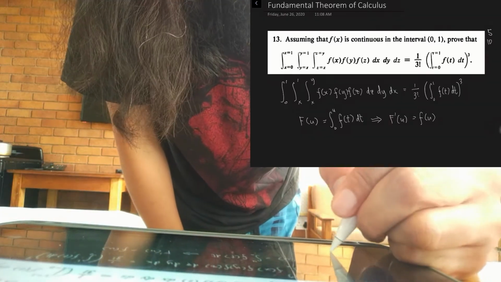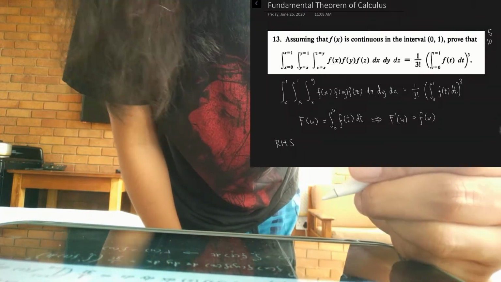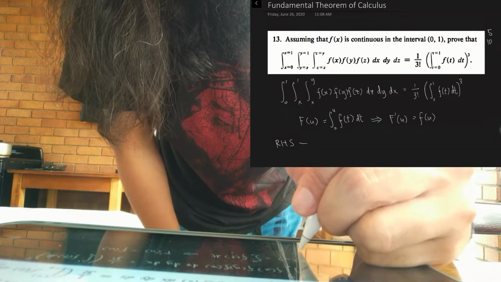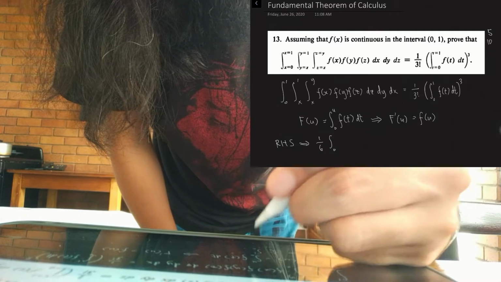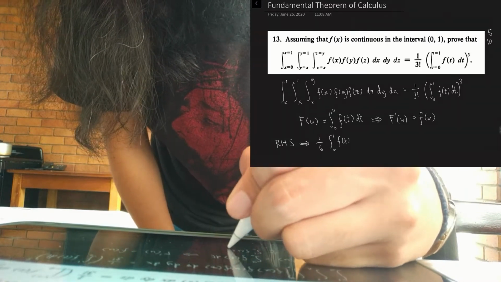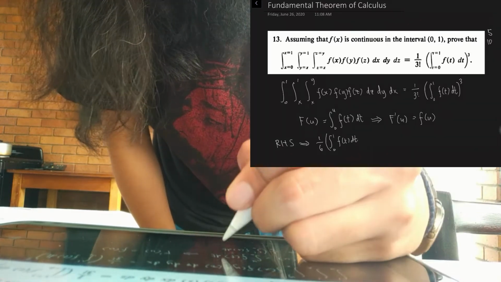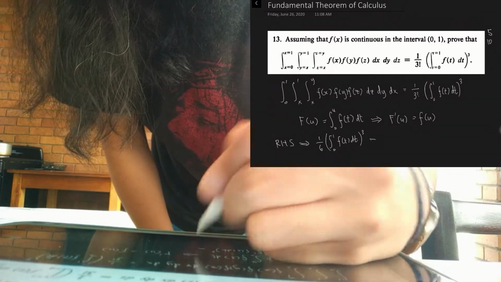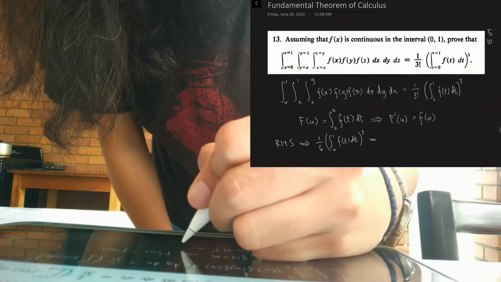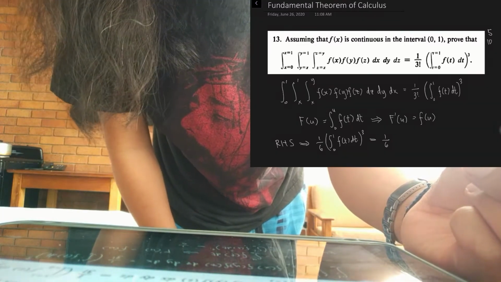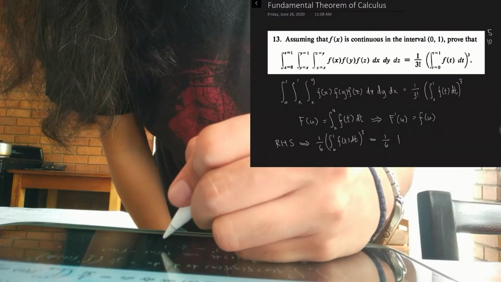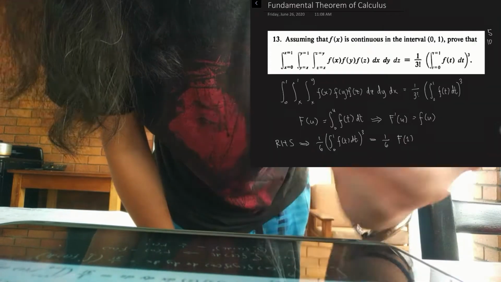Therefore, the right hand side, so we usually write RHS, meaning the right hand side, we can write that as 1/6 the integral from 0 to 1 of f(t) dt, and then this is cubed. The integral from 0 to 1 of f(t) dt is just capital F evaluated at 1, correct?